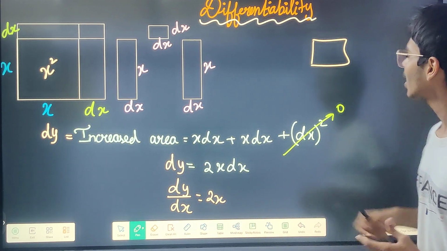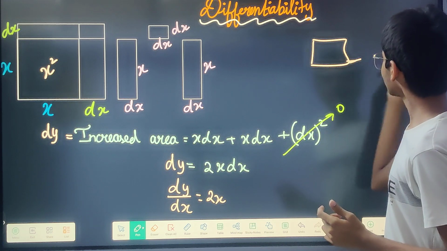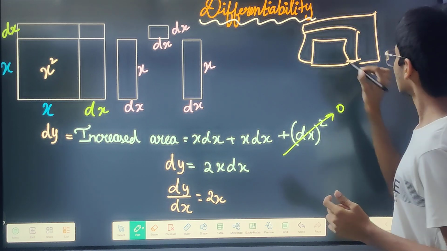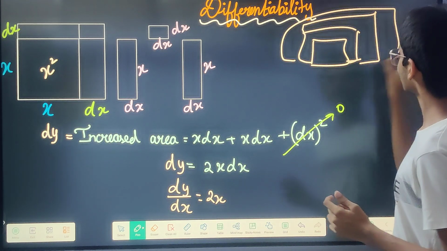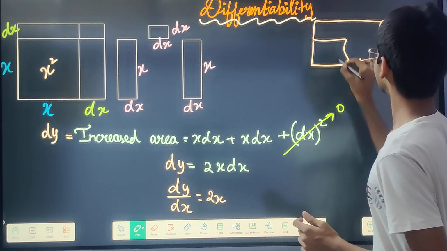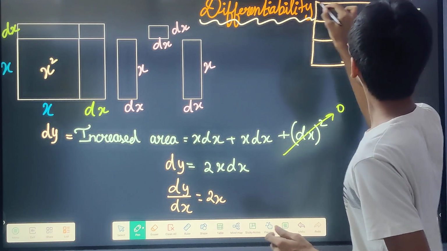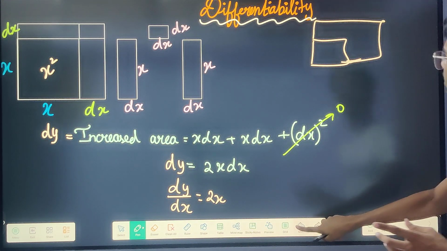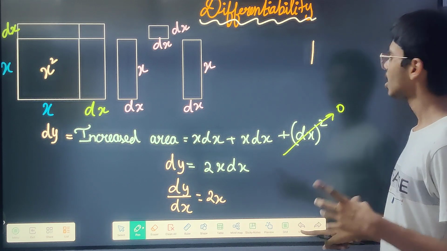For 1 second it is increasing like this, then for the next second like this, then like this. The square is actually increasing in its size.